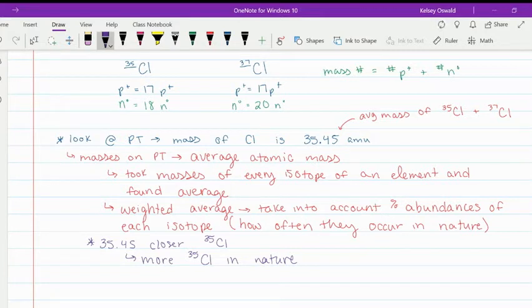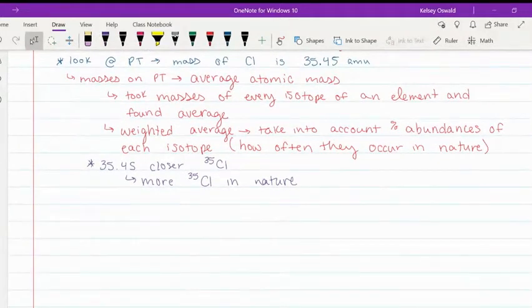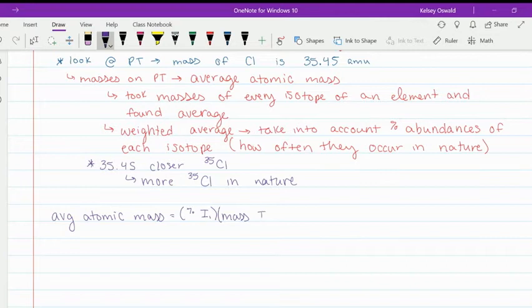So there is actually an equation that we can use to find our average atomic mass. Think about how you calculate your grade at the end of the semester to figure out what you need to get on a final to pass the class. Just like when you find your grade, when we want to find the average atomic mass, we take the weight of a specific category, or the percent abundance of an isotope, times how many points you have in that category, or times the mass of that isotope.